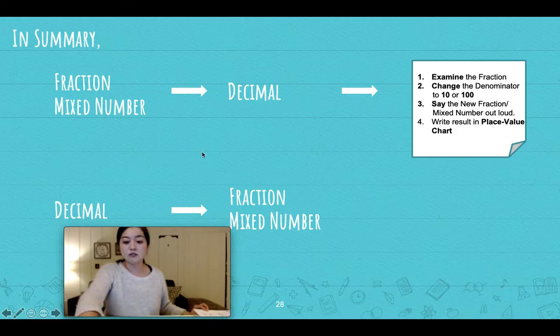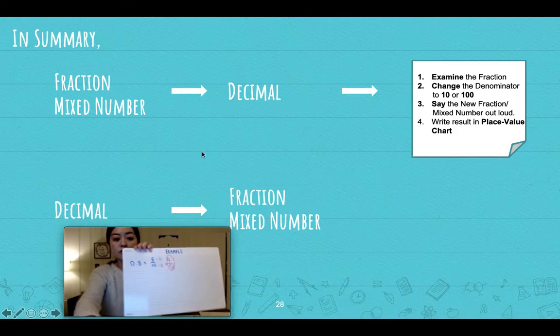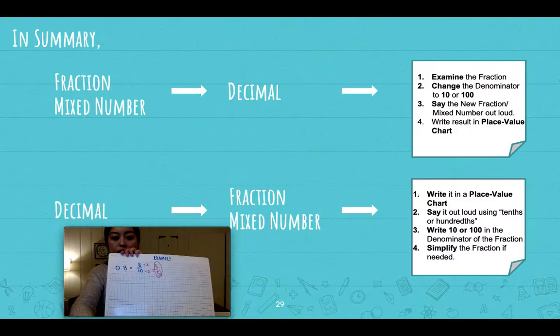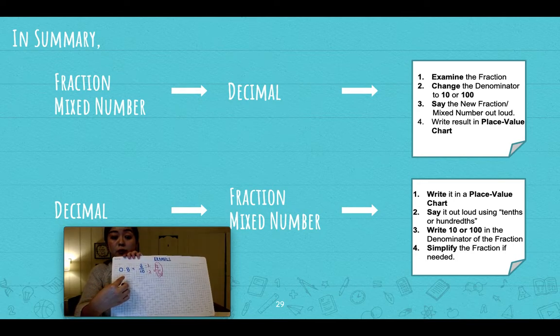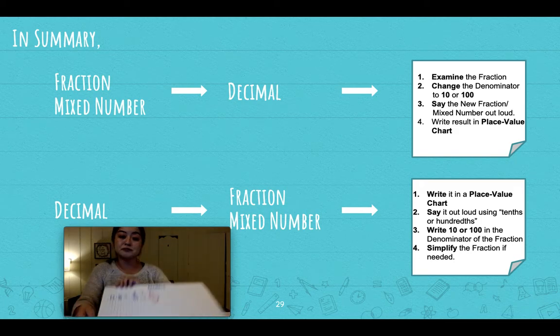So this is our example that we did. What I would recommend is writing your decimal in your place value chart. Say it out loud using the words tenths or hundredths. Then you know how to write the fraction or the mixed number, and then simplify the fraction if you need to.